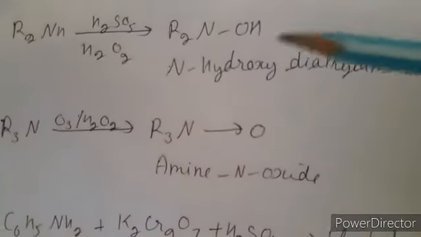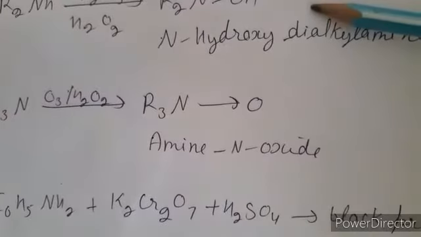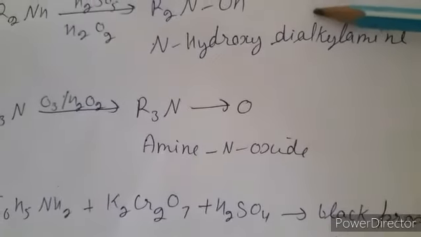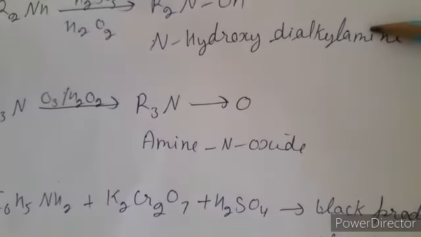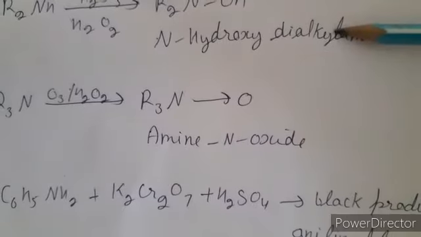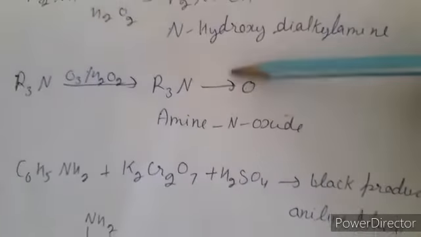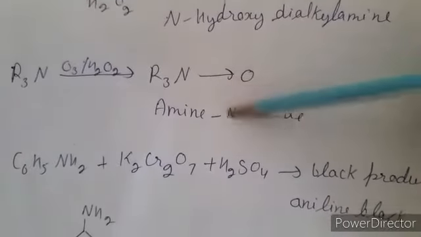If we oxidize a secondary amine in the presence of Caro's acid or hydrogen peroxide, it produces N,N-dialkyl hydroxylamine. If we oxidize a tertiary amine, it forms an amine N-oxide.